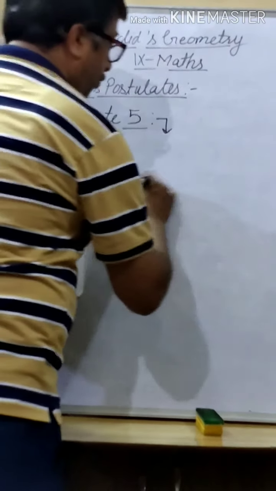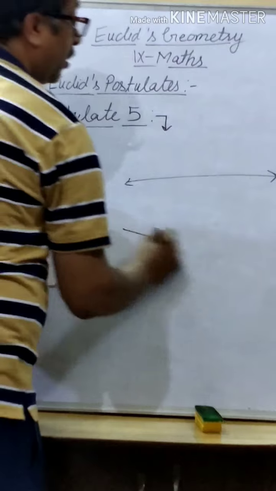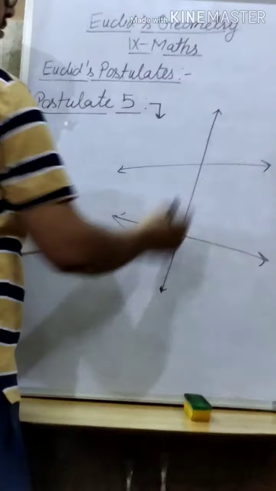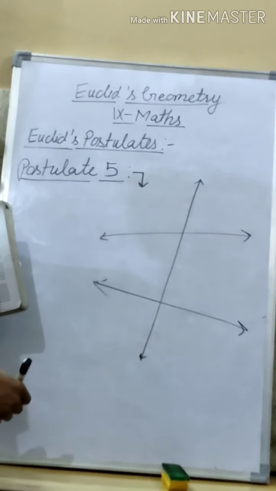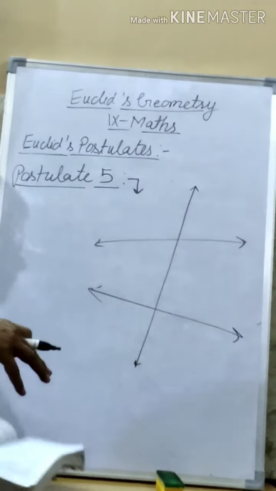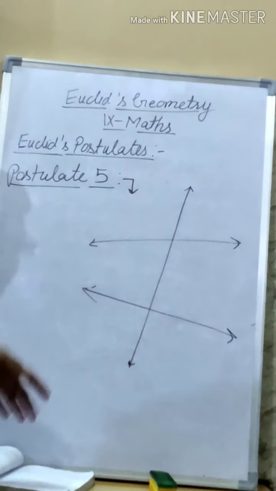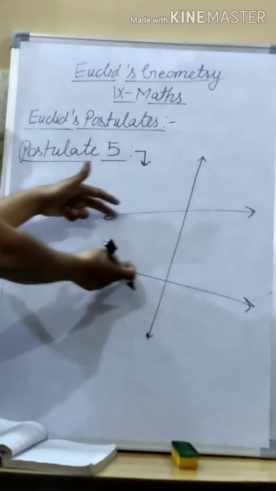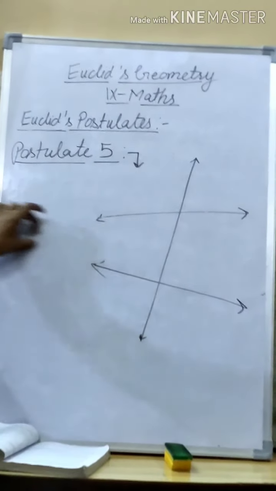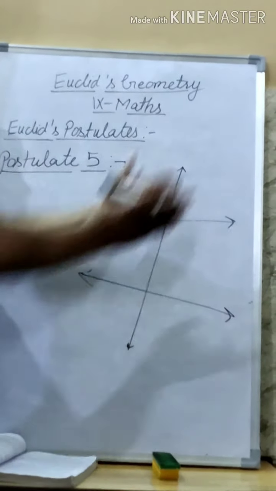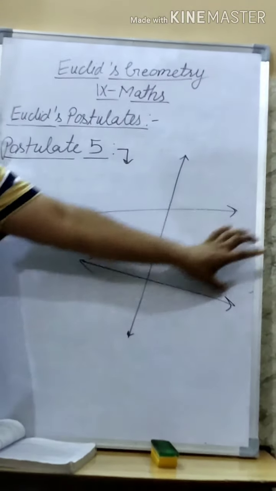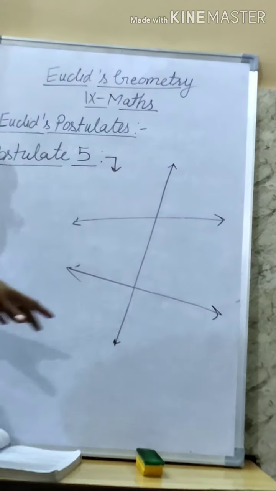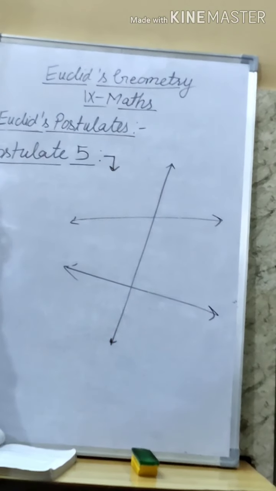So what is it saying? If two lines are intersected by a transversal, where will the lines intersect? Sometimes from the figure it is clear, and you will say, sir, they are moving in this direction so they will intersect on the left-hand side, and they are moving that side so they will not intersect there. But in mathematical terms, what result will you state if you do not have the figure on the board?